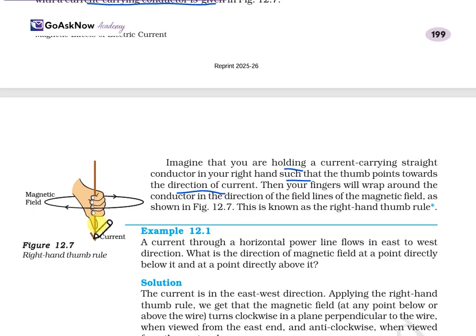The thumb represents the direction of the current. Then your fingers will wrap around the conductor in the direction of the magnetic field as shown, and this is the right hand thumb rule. This circular pattern is the magnetic field, and your thumb represents the current.